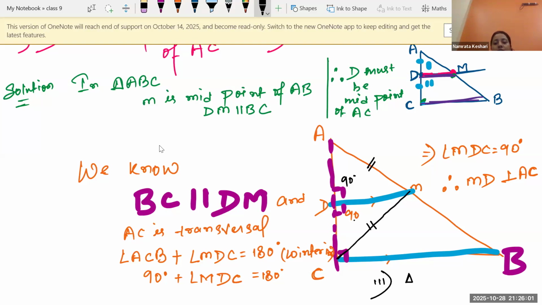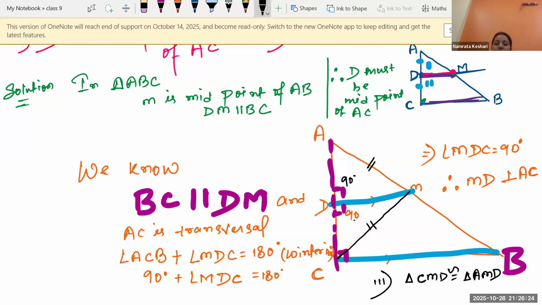Please prove that triangle CMD is congruent with triangle. Let me write the name properly. Angle D same, side MD common. So the names will be CMD and AMD. These two will be congruent.